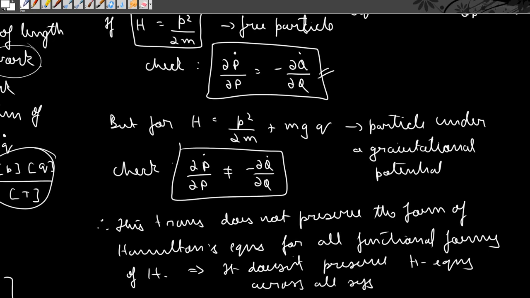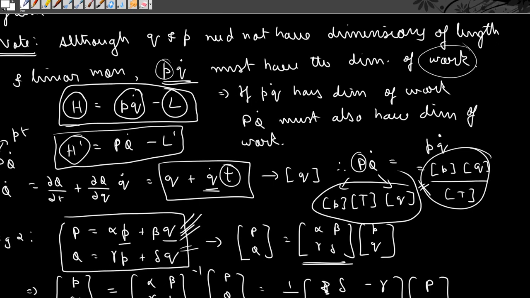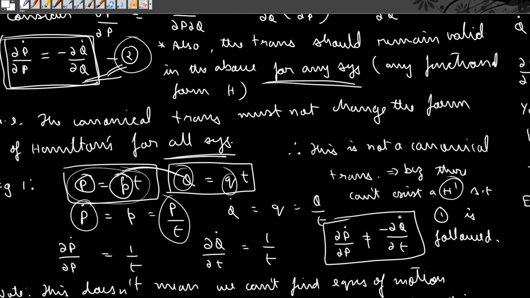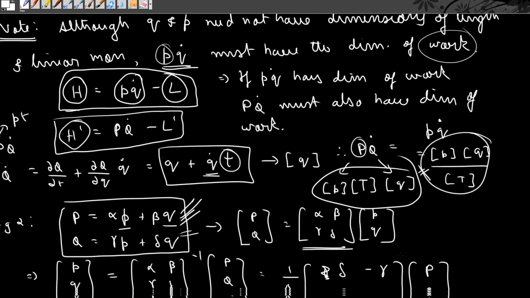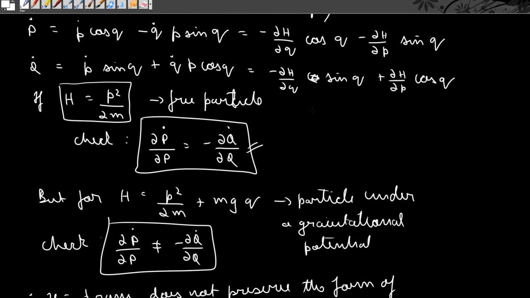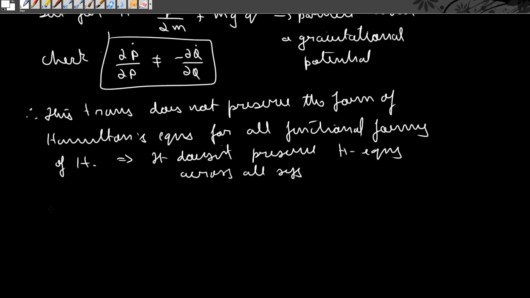But for our transformations to be canonical, we have noted down that it should not change the form of Hamilton's equations for all systems, because in this particular transformation example, the equation is valid only for a particular choice of Hamiltonian H, but not for any valid choice of H. Our canonical transformation should be valid for any valid choice of H, and therefore this is not a canonical transformation.